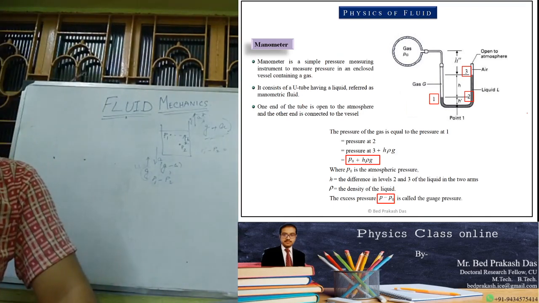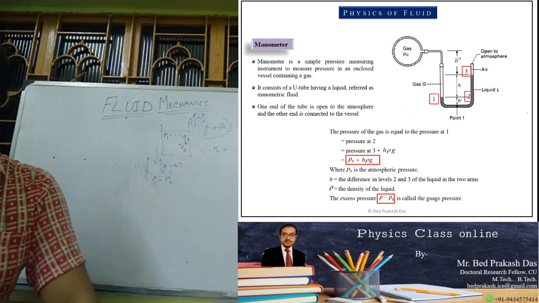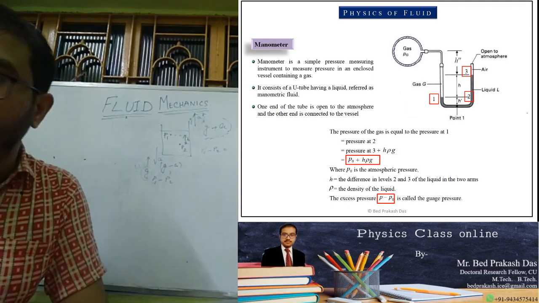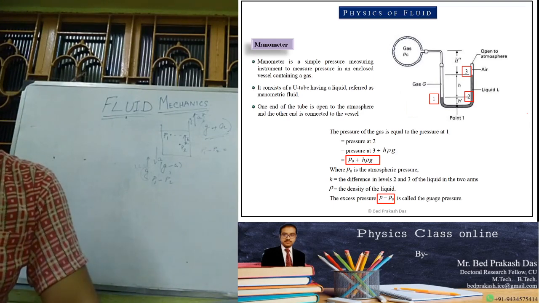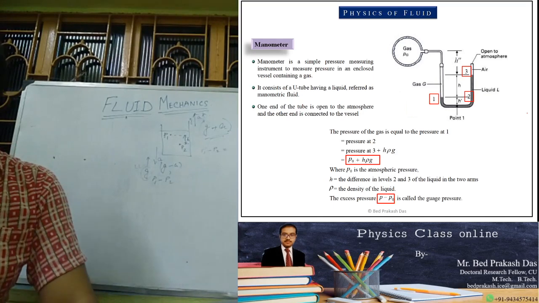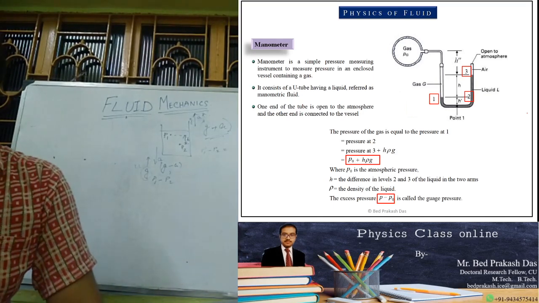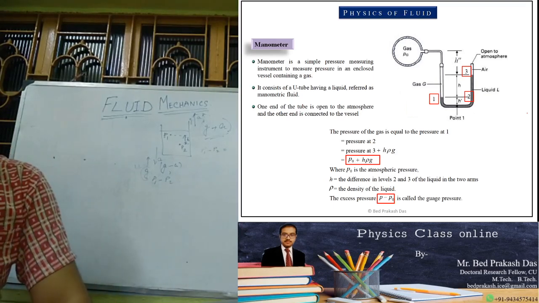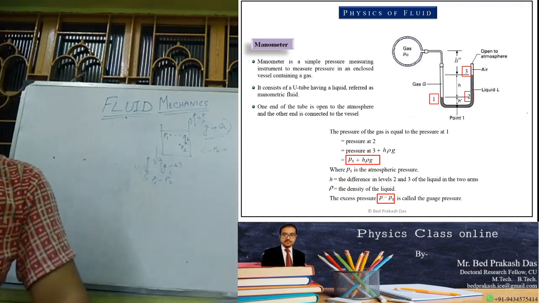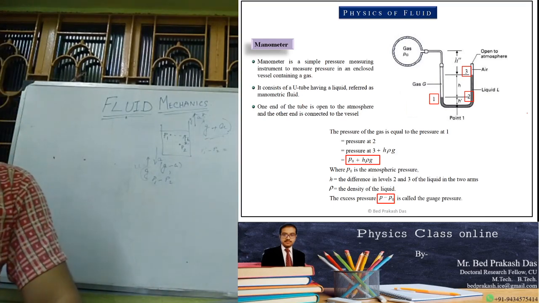A gas-filled chamber or vessel is connected to a U-tube, and inside the U-tube a manometric fluid has been put. One end of the manometer is open to the atmosphere and the other end is exposed to the gas, so that we can measure the actual pressure exerted by the gas.